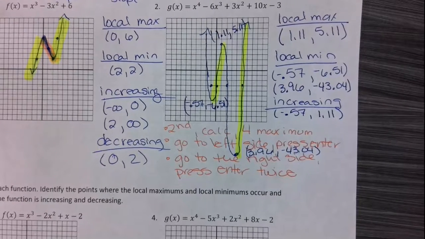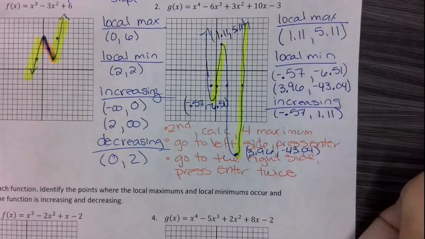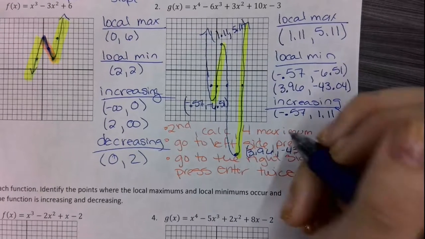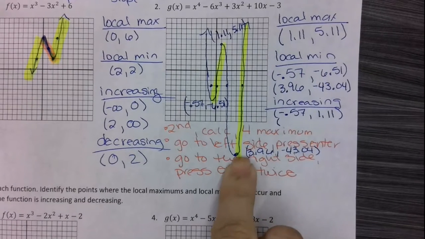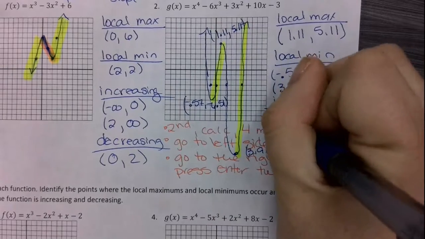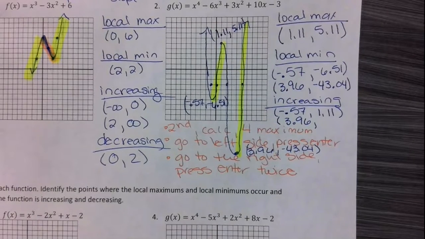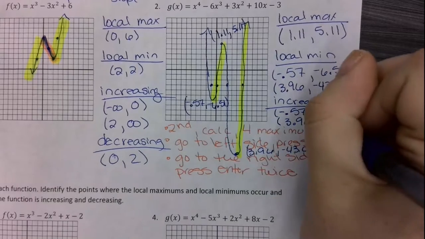Okay. 0.5. Yeah. 1.11. Okay? So where does the second yellow line start? What's the x value here? Okay, and then how do I say it goes to the right forever? Positive infinity.